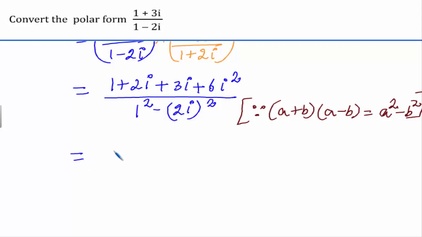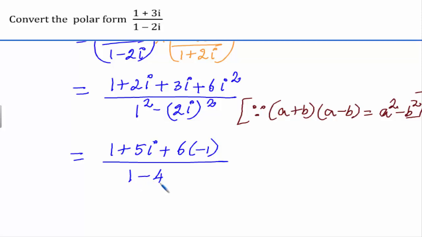This will be equal to 1 plus 5i plus 6 multiplied by minus 1, divided by 1 minus 4 multiplied by minus 1, since i square is equal to minus 1.